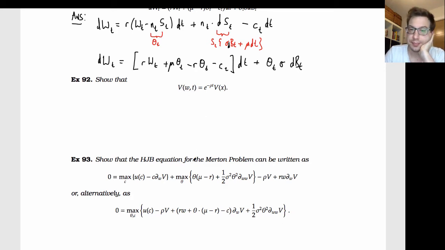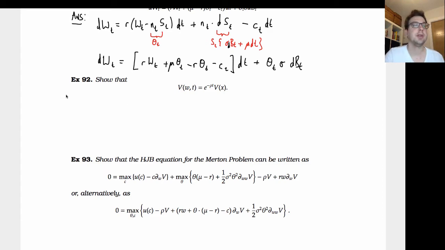That's one of the properties we can notice when we apply a discount factor to a diffusion control problem. We're going to look for some other properties of this value function v of x as well, which are going to help us find the solution. We're going to do that for specific types of utility functions.